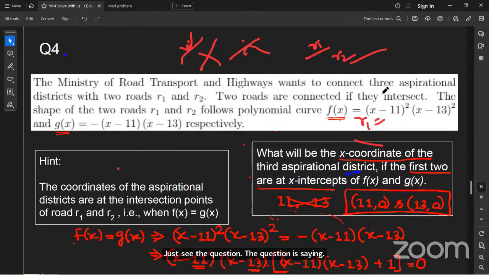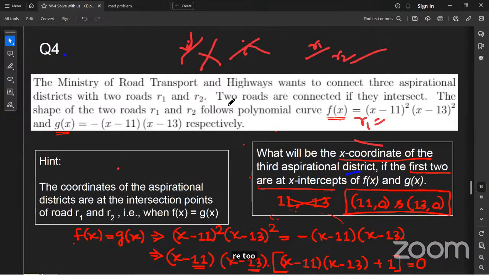It means that at all 3 cities, the roads R1 and R2 will meet. It means that the point of intersection of R1 and R2 will give me city 1, city 2, and city 3, right?